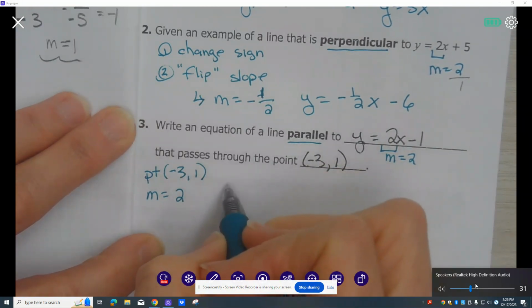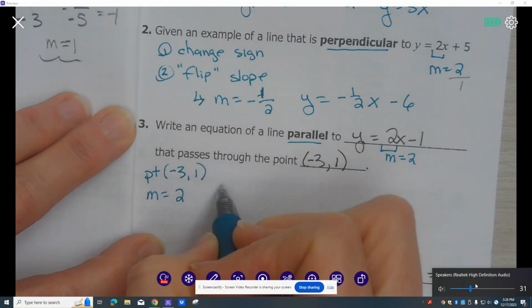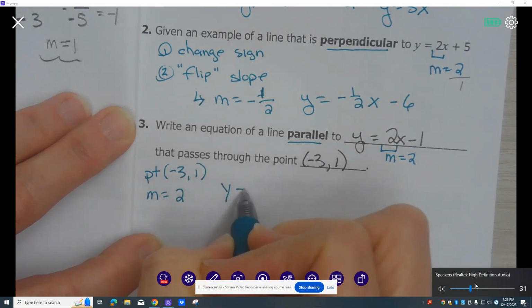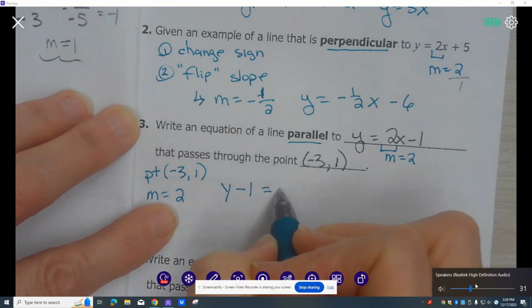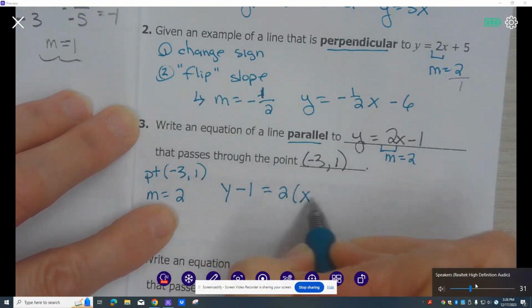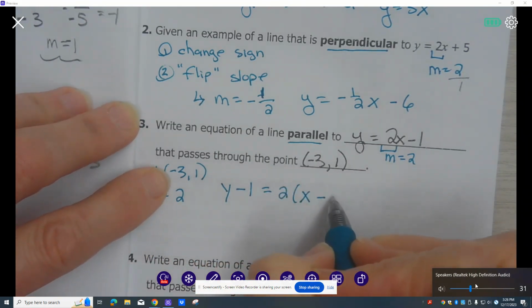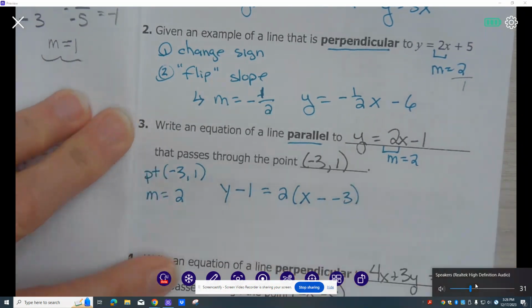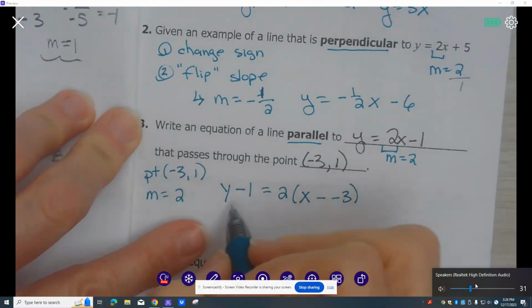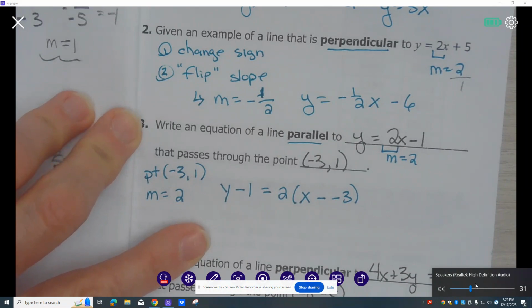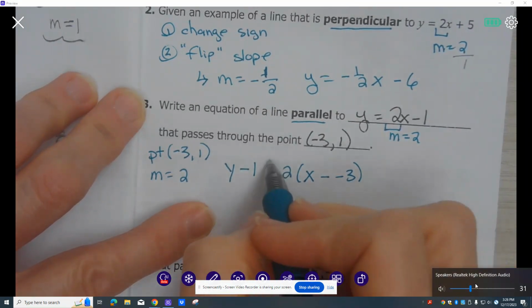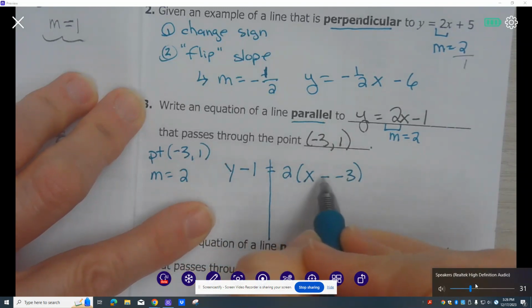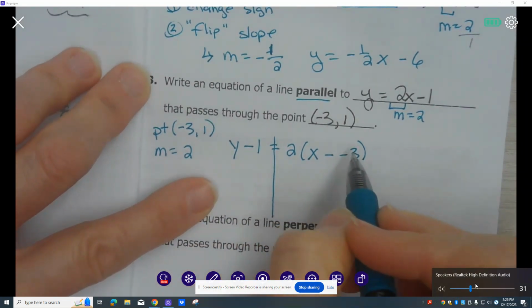So I'm going to use point slope because this is not the y-intercept. Y minus y, which is 1, equals my slope 2, times x minus, my x is negative, so that would be negative 3. I'm going to go ahead and put this one in slope-intercept form just so we can continue to practice that skill. The first thing I want to do is minusing a negative is a positive.